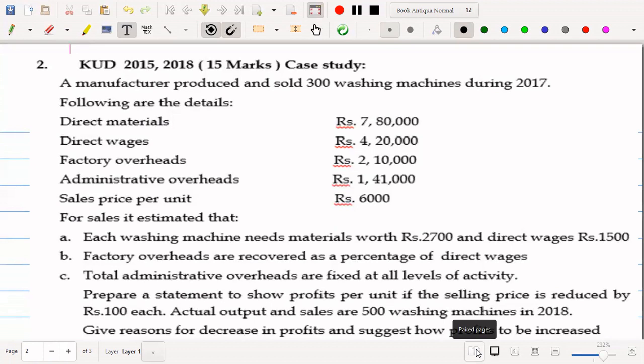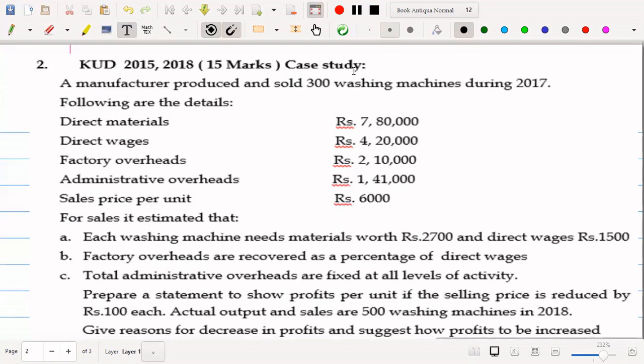Prepare a statement to show profit per unit if selling price is reduced by rupees 100 each. Actual output and sales are 500 washing machines in 2018. Give reasons for decrease in profits and suggest how profits can be increased.